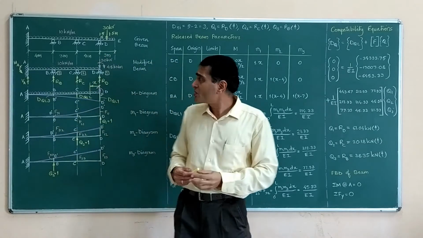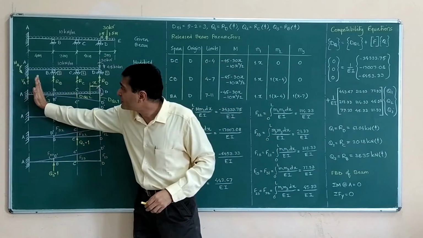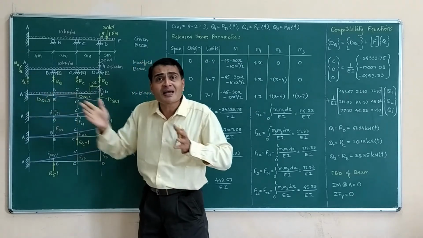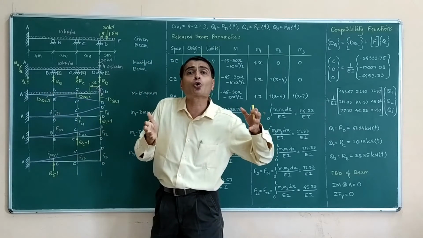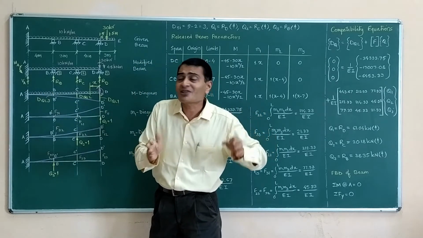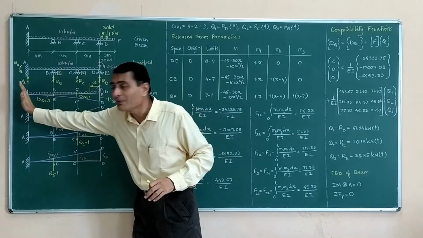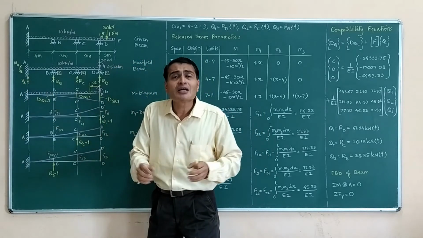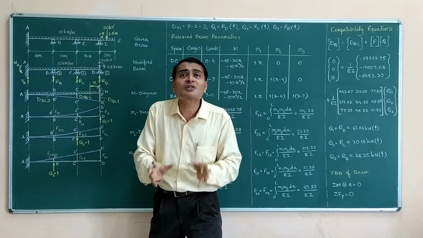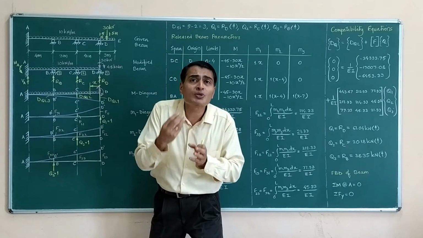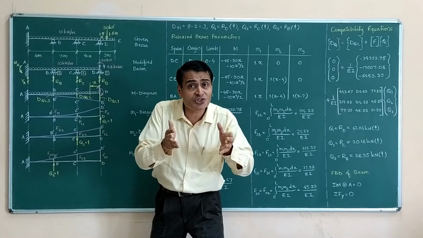So is the case for the next span also. Even if my section is here, my x variable has grown even larger. Now x is varying between 7 and 11. Nevertheless, the bending moment expression remains the same. The x value is different now, or the x range is different.